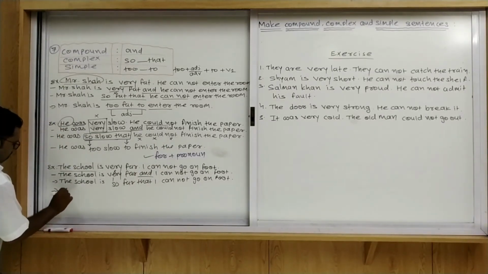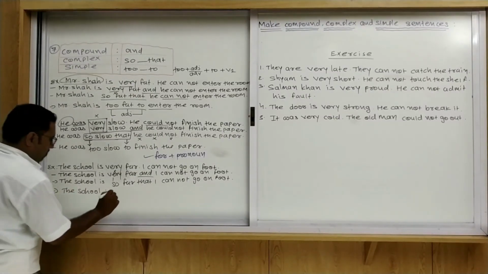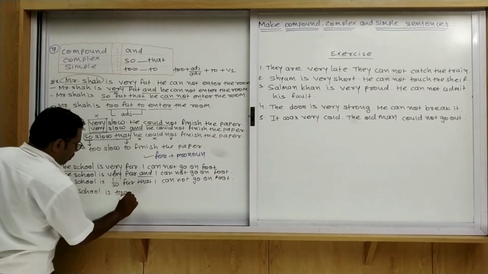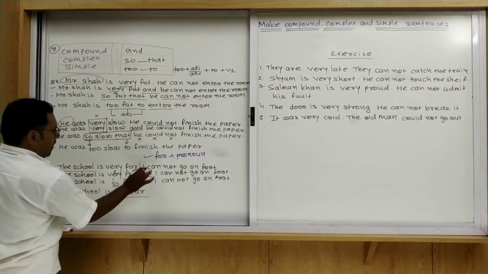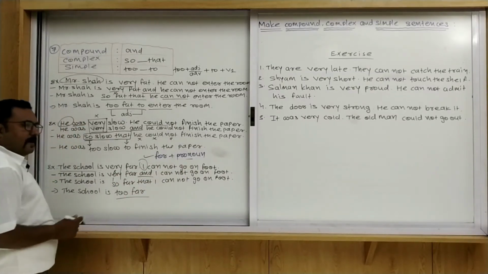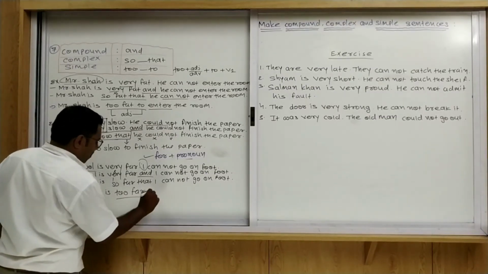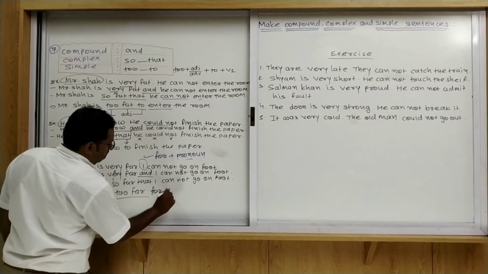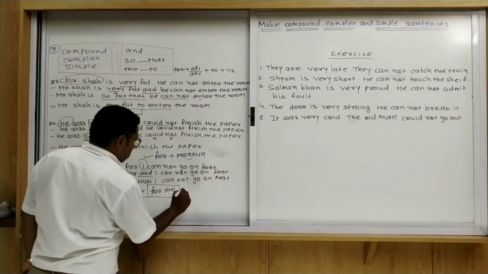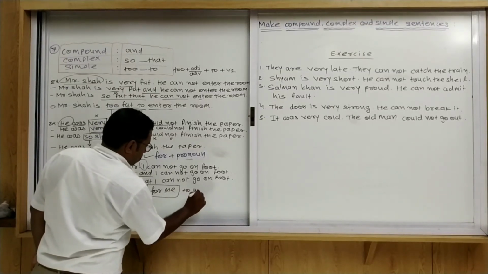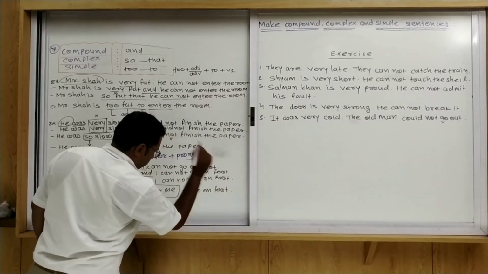See that the school is too far. For whom? I. So what is the pronoun of I? Object, me. So too far for me. The school is too far for me to go on foot.